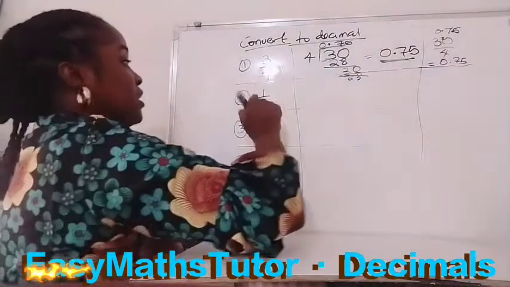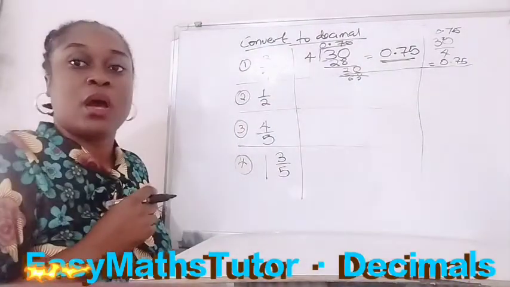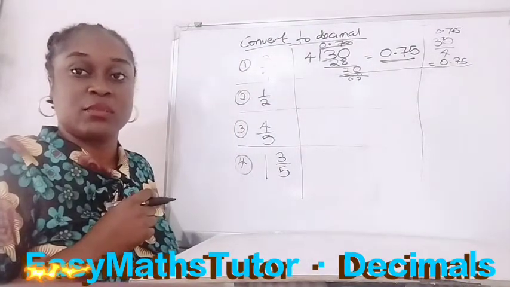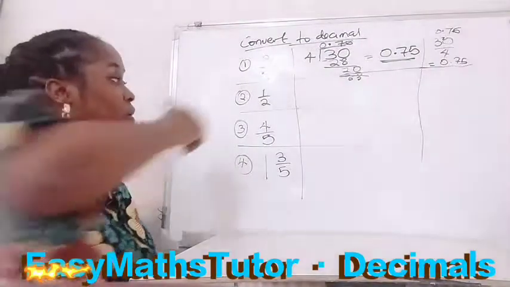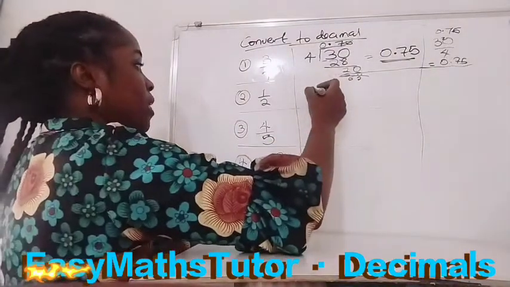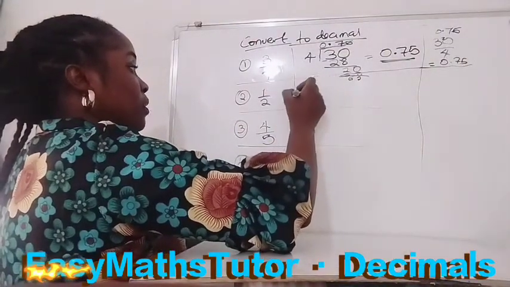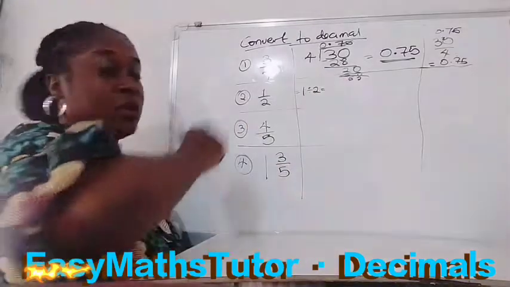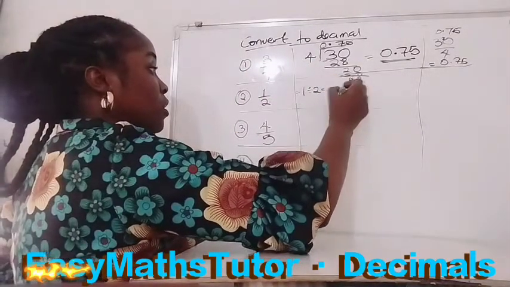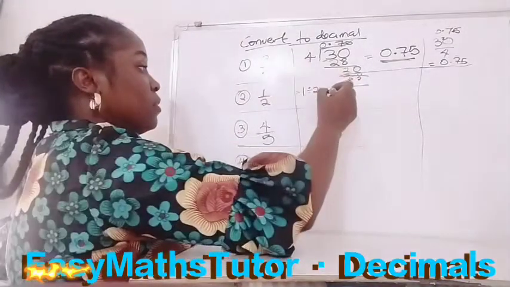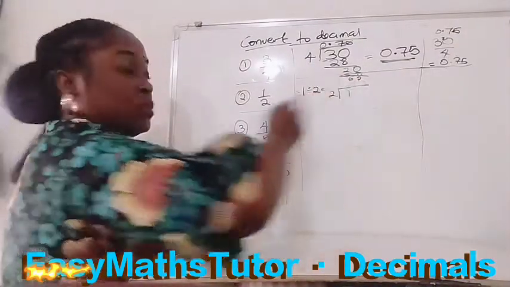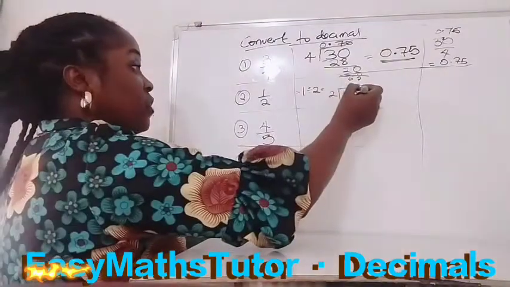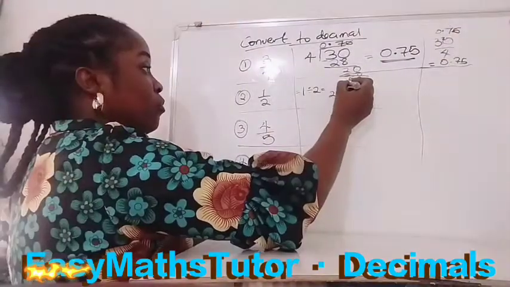So the second number, 1 over 2, how do we convert 1 over 2 to a decimal? Remember, 1 over 2 is 1 divided by 2. So if you put a long division sign, we'll have 2 outside and 1 inside. So for us to have 0 here, it will be 0 point.